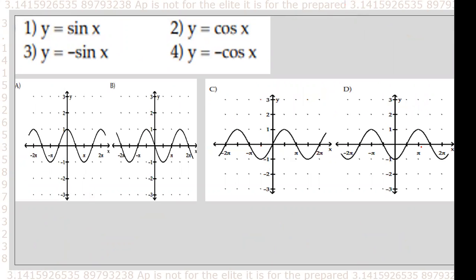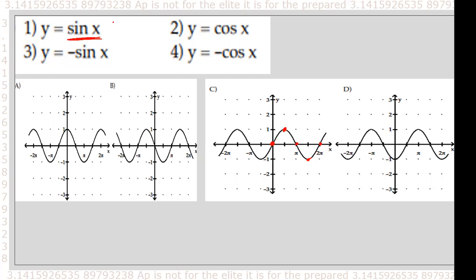For this one, now we're going to use what we learned and try to match these. So for question 1, sine of x, what function matches sine of x? Hopefully you said this one right here, right? It starts at the middle, then goes to the max, then back to the middle, then to the minimum, and to the max.